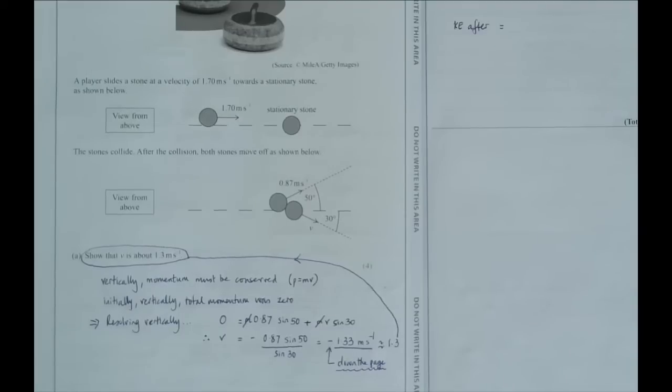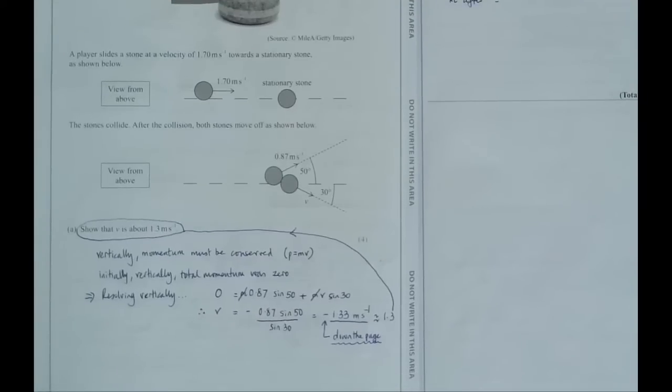If you can't work that out, you should draw the triangle so you can work it out using SOHCAHTOA. Both of them are going to be sine, and in this case, mv sine 30. It's exactly the same: you're going away from the 30 degrees. It would be cos of 60 if you want. As long as you know how to do resolving, you should be fine with questions like this.